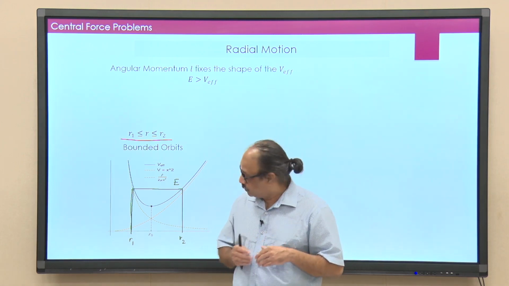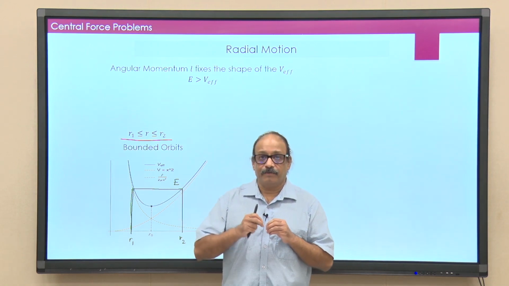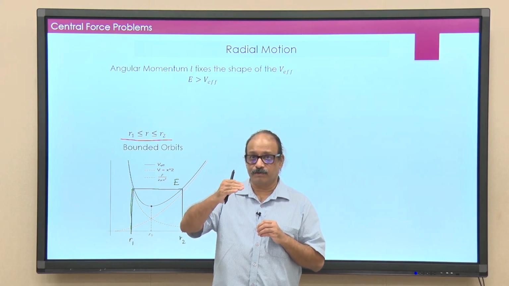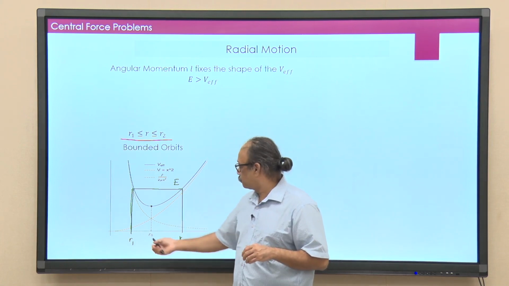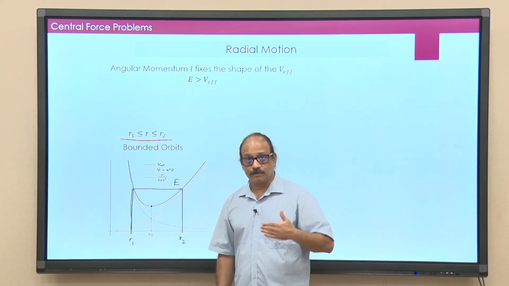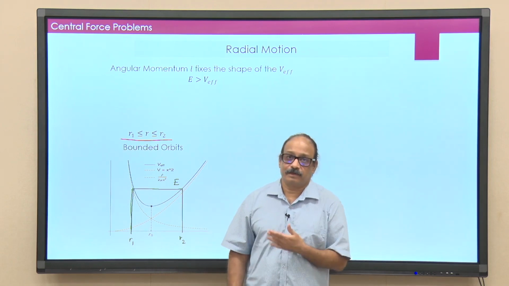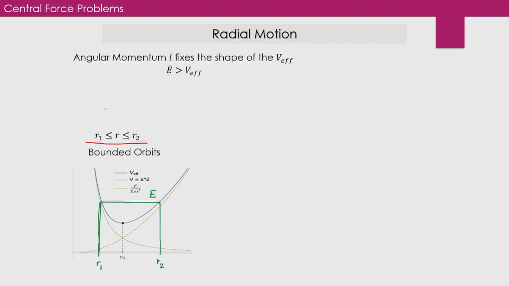So, during this part when it is travelling towards this, it is going away from the origin, and then it goes to a limit r2, turns back, comes back, goes to r1, comes closer to the origin up to r1, then turns back. This is what it will keep doing. If I want to plot this motion as a function of time t, it would look like this.